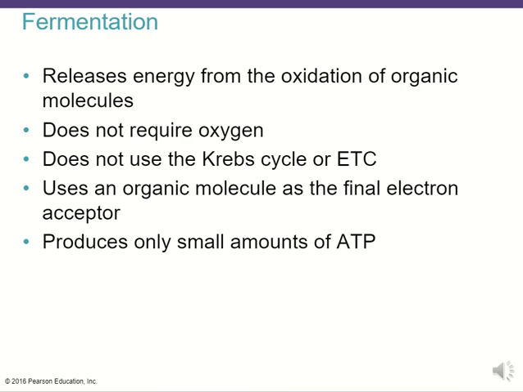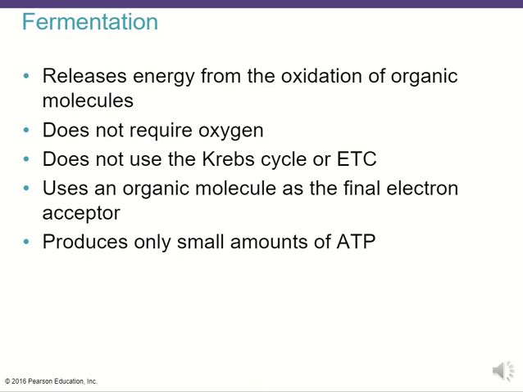Now, the process of fermentation releases some energy from oxidation of organic molecules, and it does not require oxygen. It also does not use the Krebs cycle or the electron transport chain, cycles that really help produce a lot of ATP.